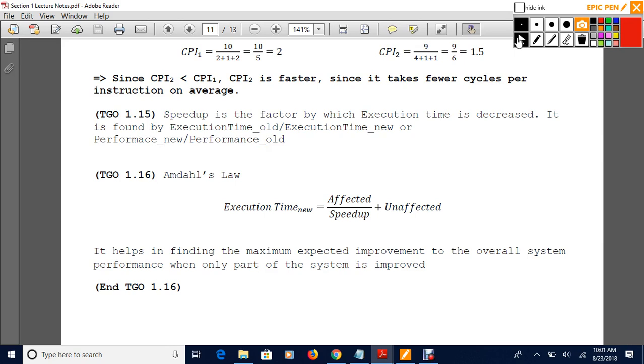It'll be like 1.083 or something like that, depending on what it is. That way you're not falsely conveying the speedup of your overall computing system. So it helps in finding the maximum expected improvement to the overall system when only part of the system is improved. Does that make sense?